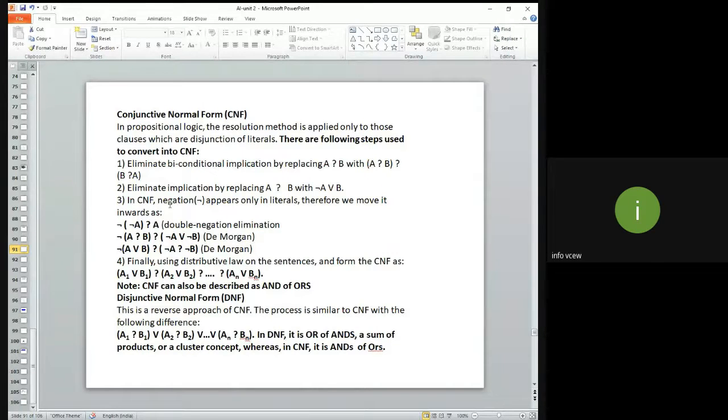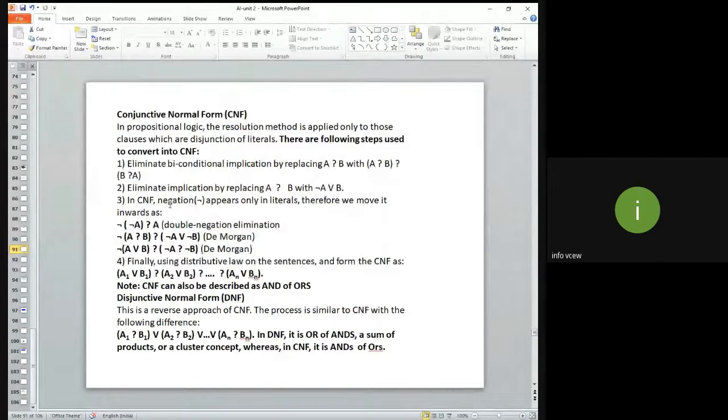So union and intersection are what we call AND of ORs. It depends on how you use it. So in the CNF, you write A ∨ B, B ∨ A. That is a conjunctive normal form.